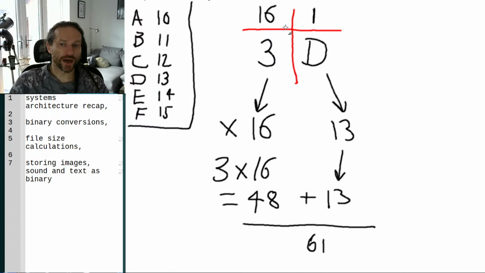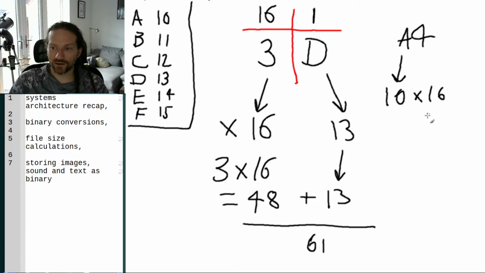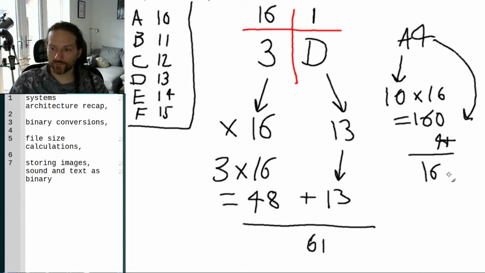And obviously, if we were converting something like A4, A is 10, so we would do 10 times 16, which is obviously 160, and then don't forget to add on that 4. We get 164. Okay, does that make sense?